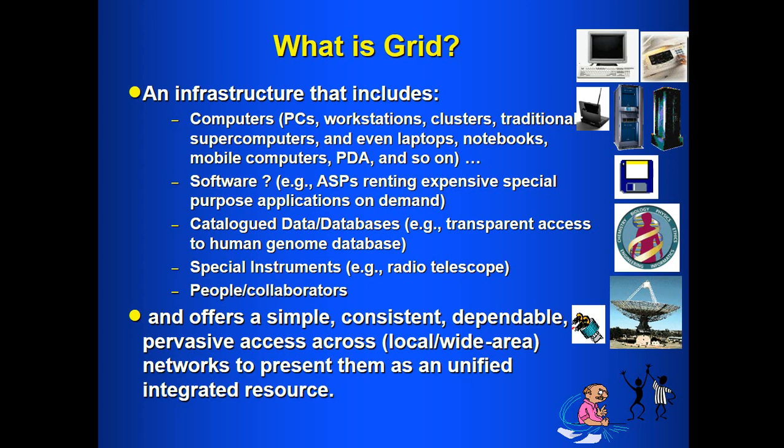Okay, what is grid? In this slide you can see a simple definition for grid. The grid is an infrastructure that includes computers, software, catalog data or databases, special instruments, and the people or collaborators.